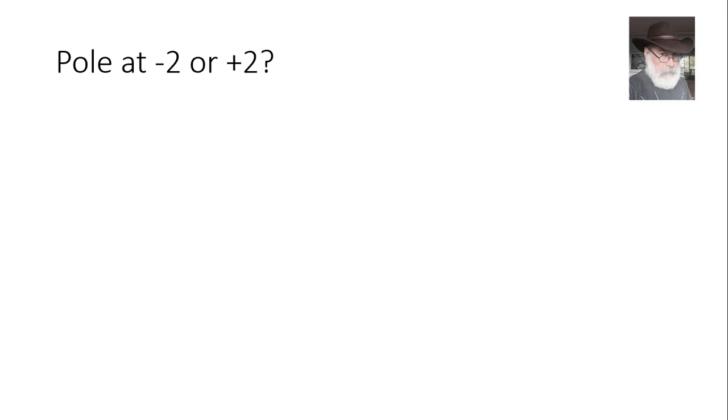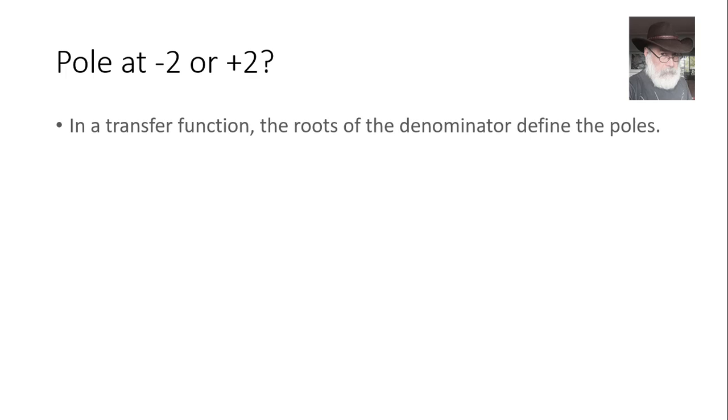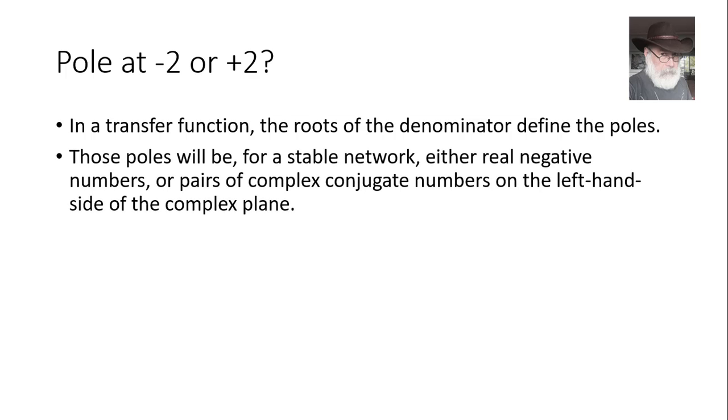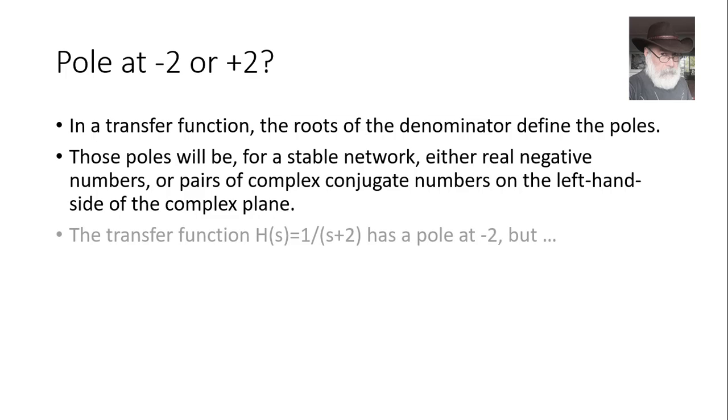Let's answer this question: pole at -2 or at +2. In a transfer function, the roots of the denominator define the poles. Those poles will be, for a stable network, either real negative numbers or pairs of complex conjugate numbers on the left-hand side of the complex plane. We know that.